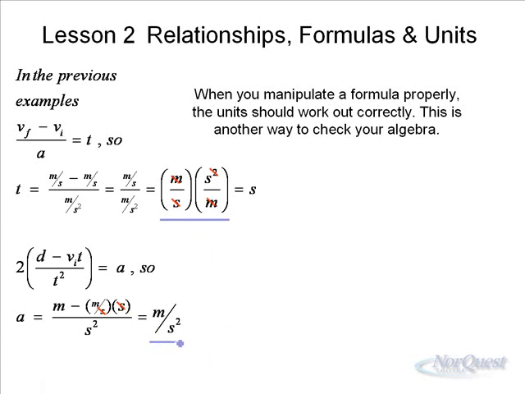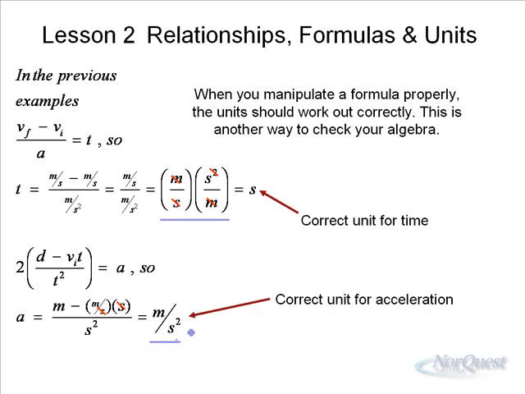You can see the units canceling. Meters on the top cancel meters on the bottom. Seconds on the bottom are partly canceled by the seconds on the top, leaving 1 second on the top in the first example, and you can see the seconds canceling in the bottom. And there are our correct units: correct unit for time, correct unit for acceleration.